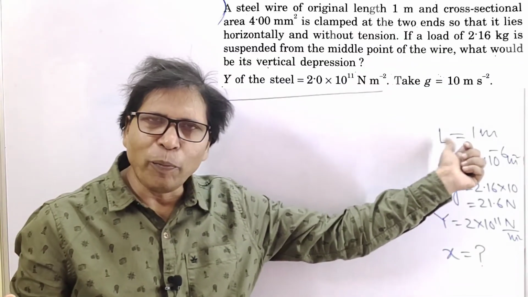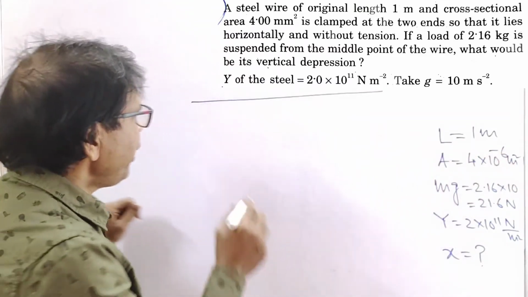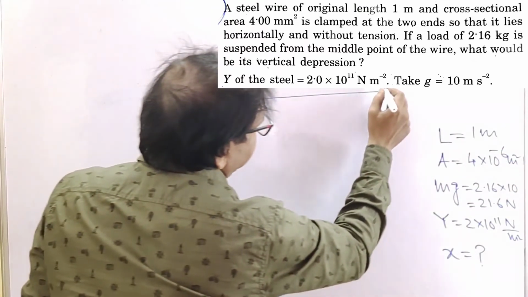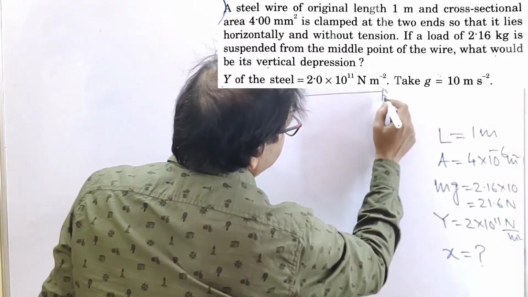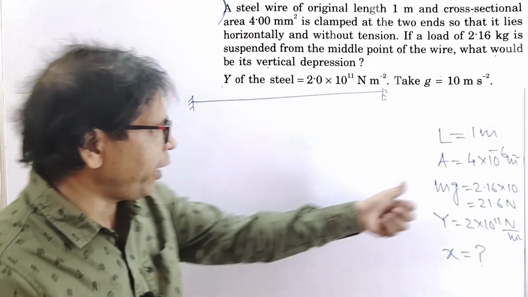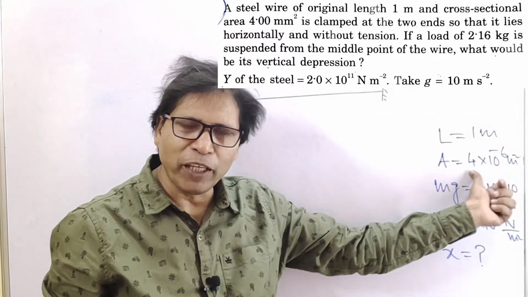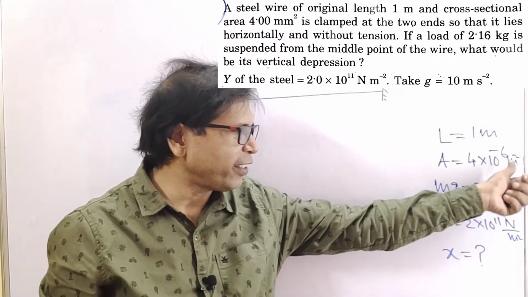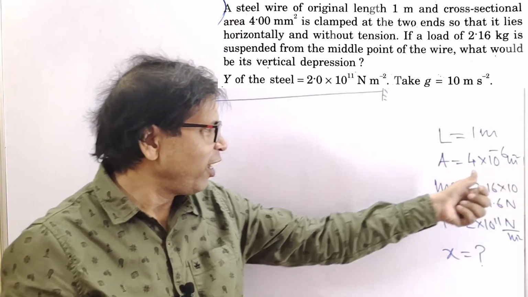A wire of length 1 meter is clamped horizontally such that the tension in the wire is 0. Its area of cross section is 4 mm square, that is 4 into 10 to the power minus 6 meter square.